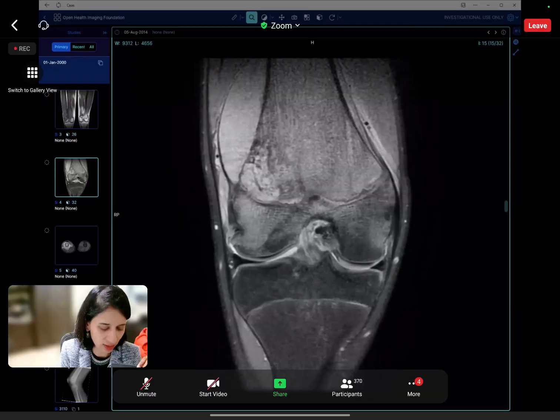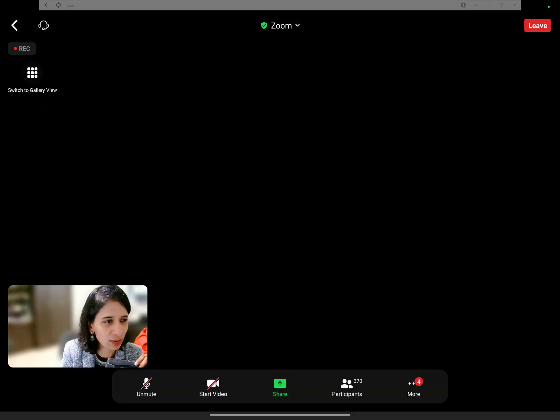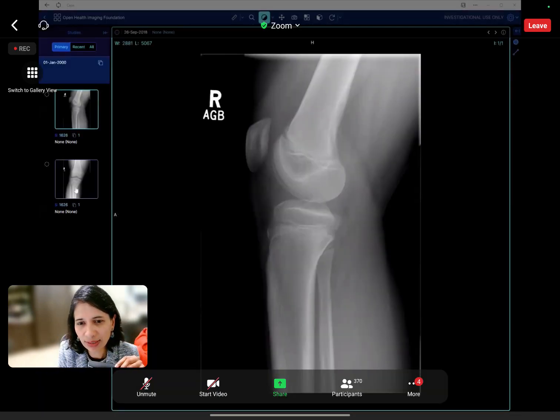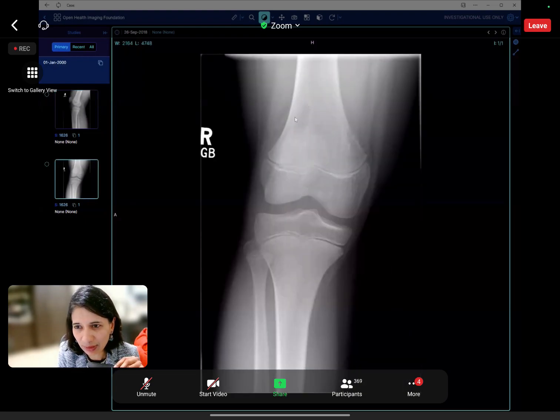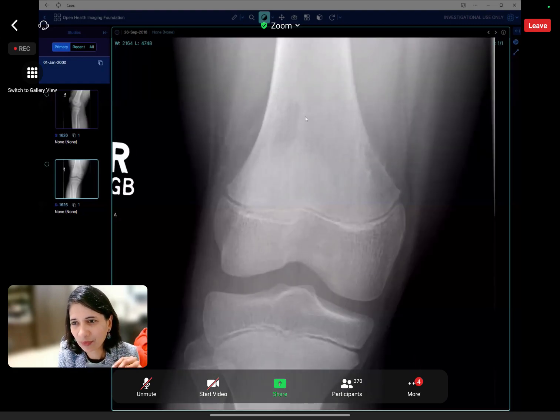Then we had the next one. So young patient again, and we're having lesions. You picked up that there were two lesions here, one and two. I think it is difficult, but that's why I was trying to zoom it in to show you that lesion.